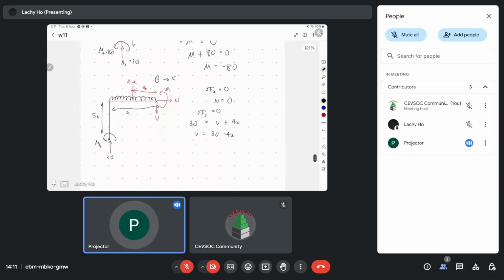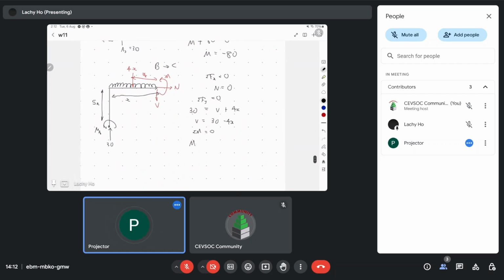Then we do the same thing with the moments. Sum of the moments equals 0. We have M plus MA, which is 80, plus x times 4x. Sorry, that's the distance.